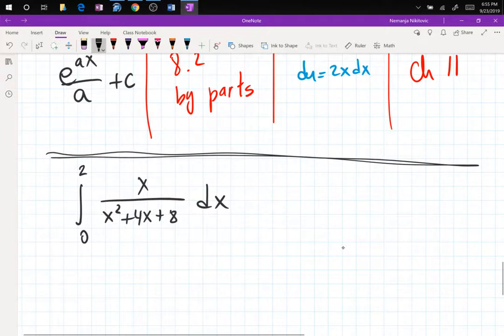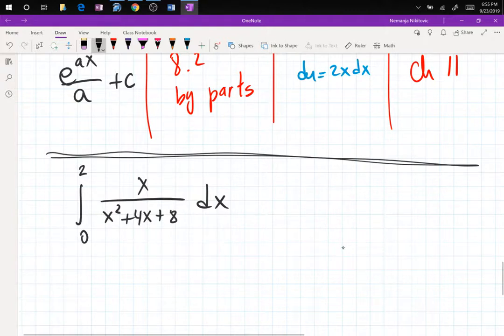No, because you can't split these fractions when the pluses are in the denominator. You can only split when the plus signs are in the numerator. So we can't split. Can we do log division? No, because we have the higher exponent in the denominator. So log division is out as well.